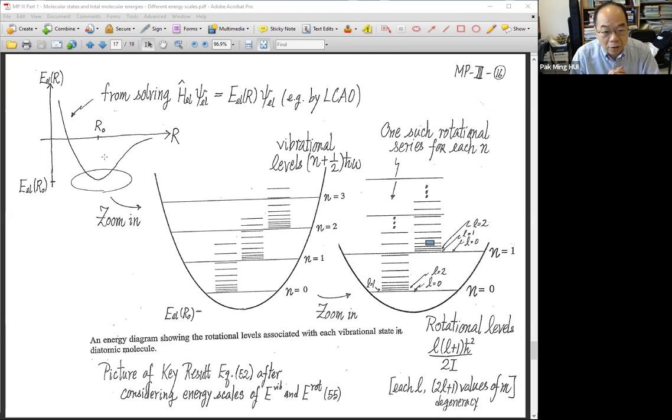The discussion on the energy scales justified the picture that is drawn here. Of course you can take that as granted, but it is better to have a better understanding, with a simple estimation and a little bit of quantum mechanics.